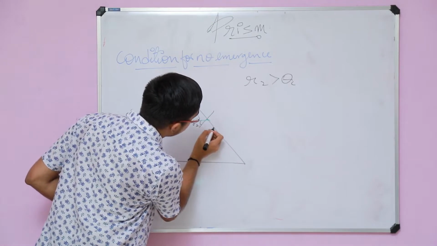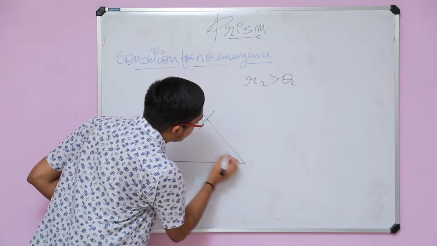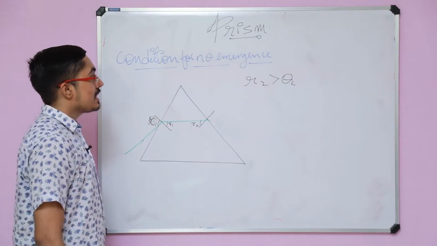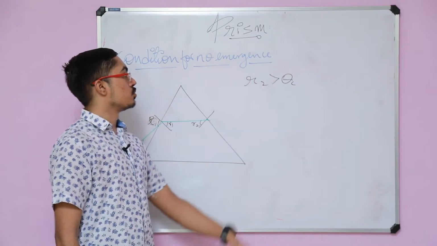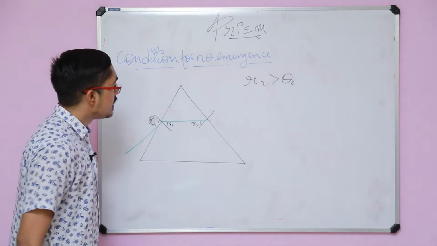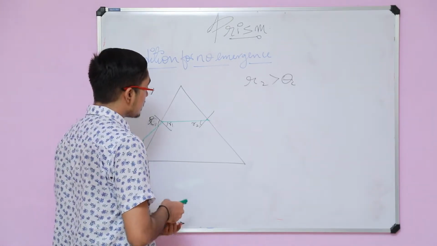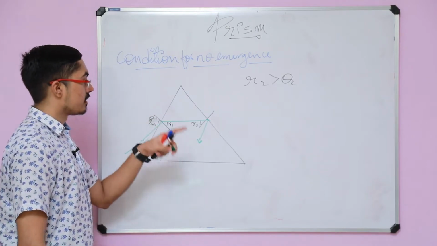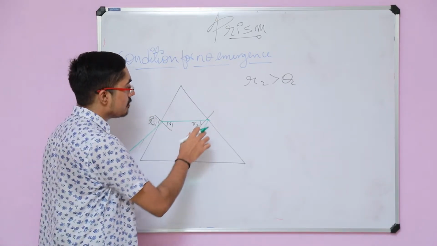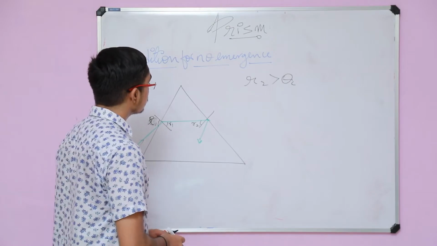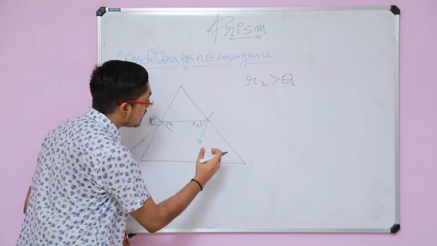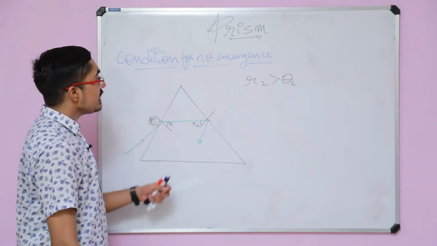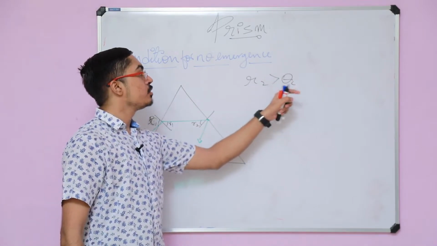See, this is the border of the prism, it will be going through the border of the prism to that side. And if I increase my R2 to more than or equal to theta c, it simply means that my emergent ray will be coming out in this way. This is called total internal reflection. So I have prevented it from going outside. I have prevented the emergent ray from going outside by increasing R2 to more than or equal to the critical angle.